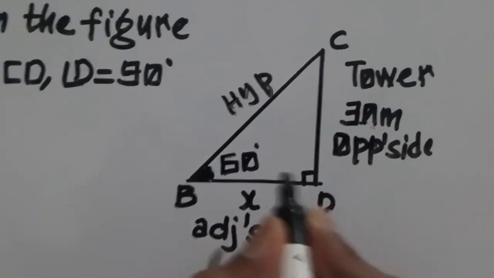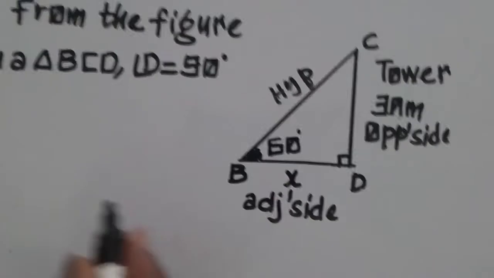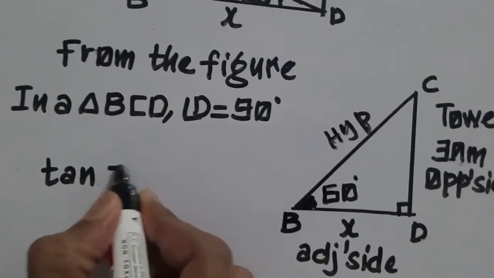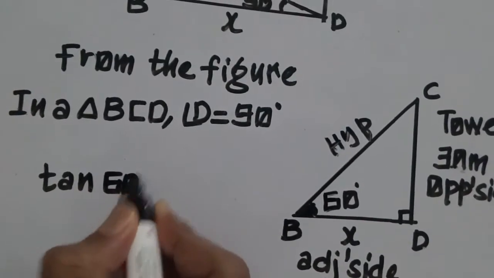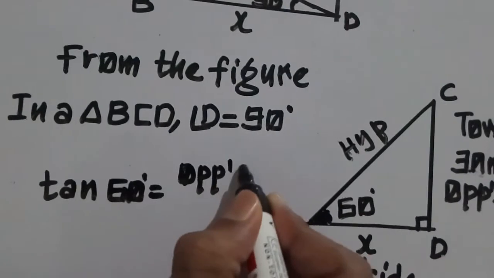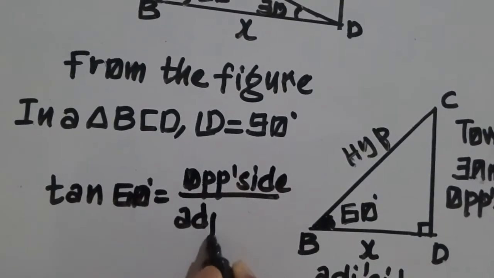Now we'll take tan theta, where theta is equal to 60 degrees. Tan theta is the opposite side to the adjacent side, so tan 60 degrees is equal to the opposite side by the adjacent side.